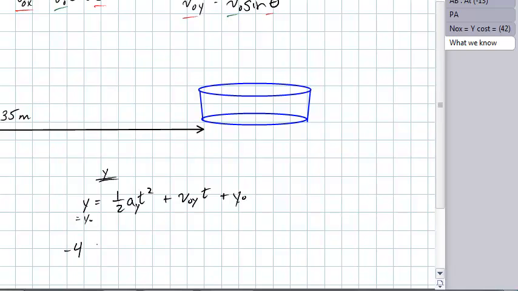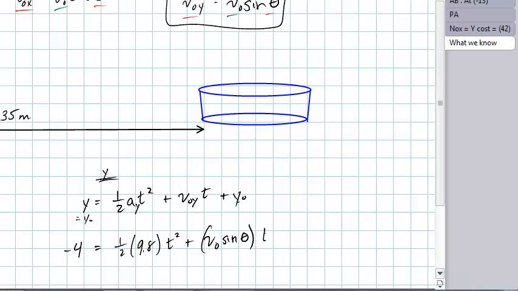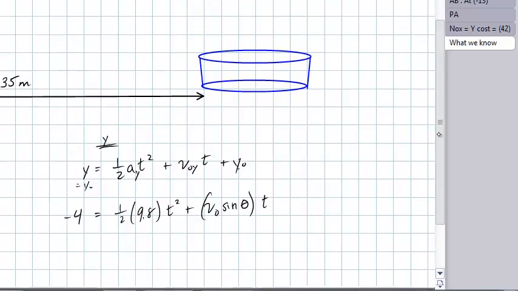So I'm just going to plug in -4 there, to save myself a step. 1/2 times 9.8 t squared plus, so my v naught y, remember, I wrote down as v naught sine theta. I'm going to plug that in, times t, plus 0. So I already took care of the change in position.